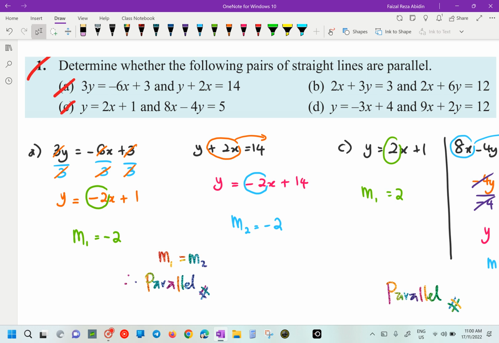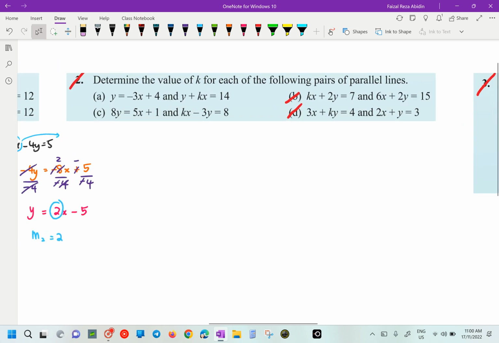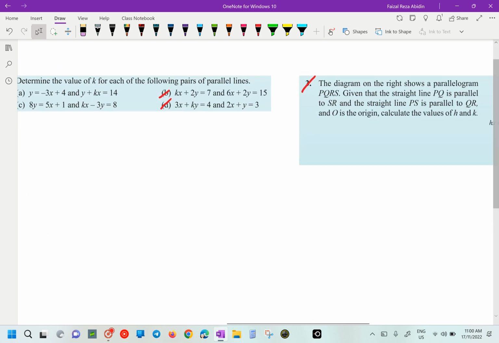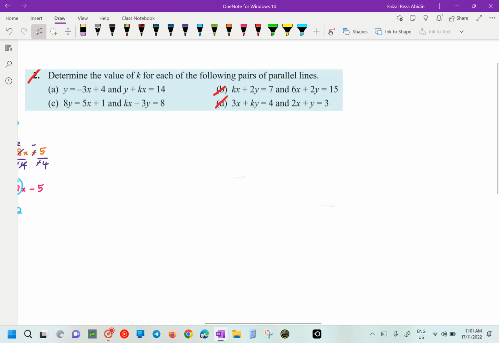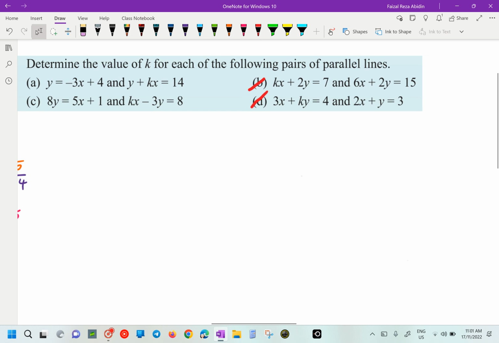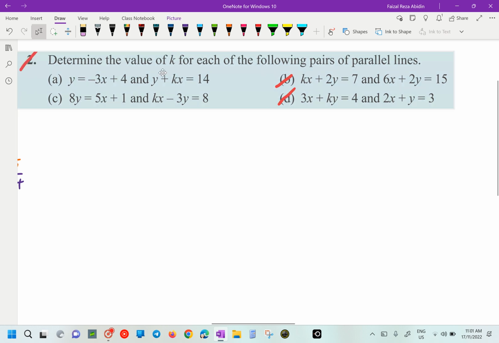So that's why we have our M1 and M2. We are going to compare for our M1 and M2. For number 2 over here, this is definitely our gradient going to be the same, isn't it? But now we are going to determine the value of our K.